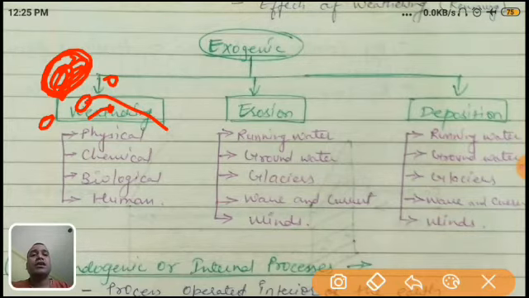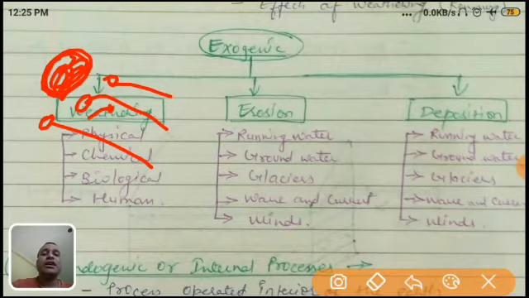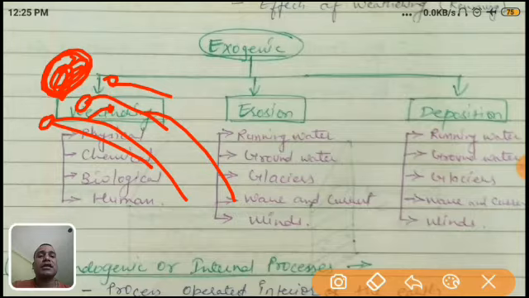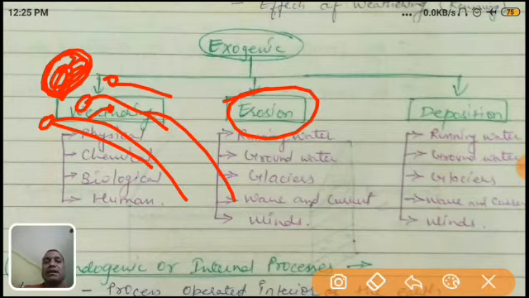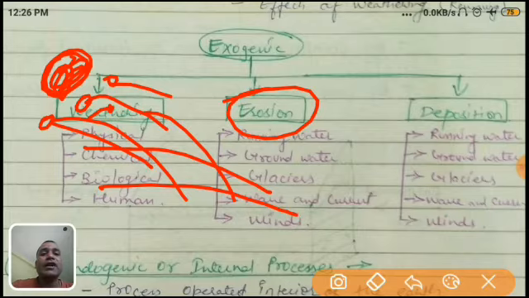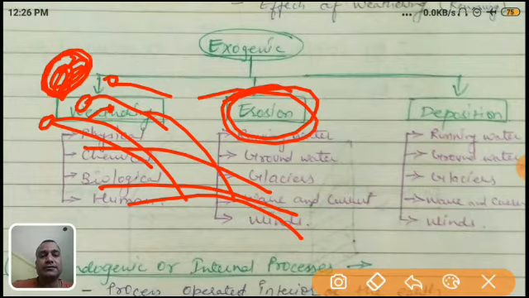When these boulders, these stone pieces are transported from one place to another, this is called erosion. This is a very simple process. What is erosion? When the weathered material is displaced or transported from one place to another, this process is called erosion.